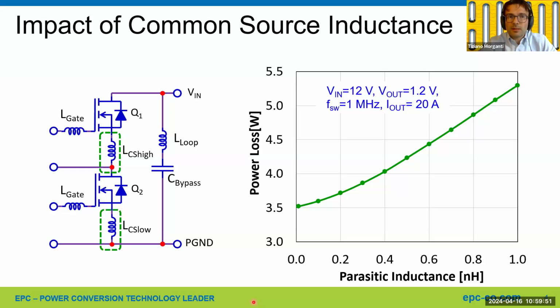But in our case, we don't see such a loss. We have examples of converters running at several megahertz in zero voltage switching, and also tens of megahertz in zero voltage switching. And we have not seen such an excess loss due to the COSS.